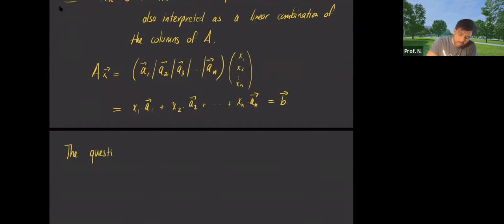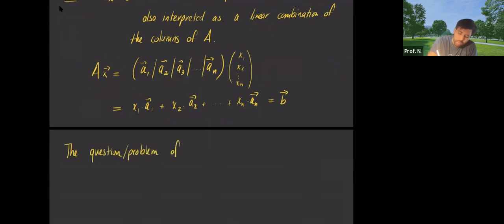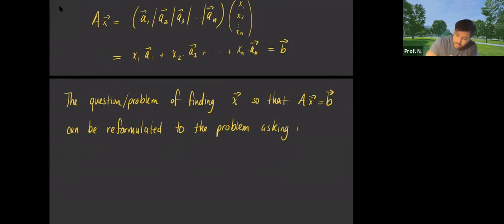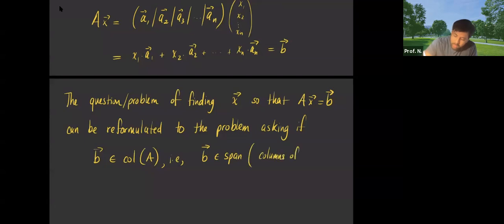The problem of finding x so that Ax equals b can be reformulated to the problem of asking if b is in the column space of A. Or in other words, is b in the span of the column vectors of A.